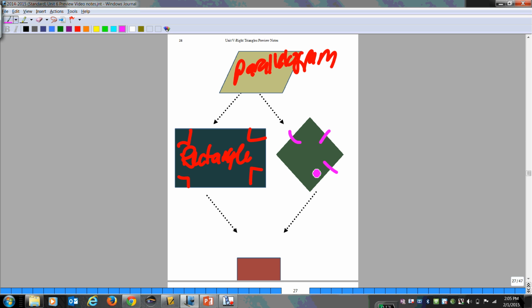Four congruent sides, you have a rhombus. Rectangle, rhombus get married. Mom and dad get married and have a kid, and they have a square, which has both right angles and four equal sides. So it has both the qualities of mom and dad. A square is a rectangle, and a square is also a rhombus, put together.